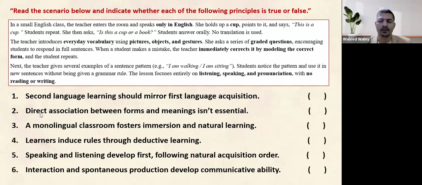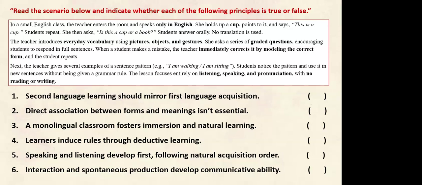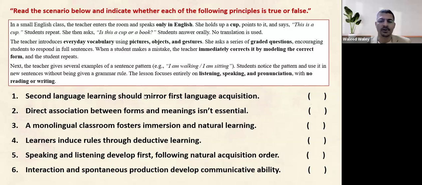That is why it is easier for them to learn those words in the target language. So they used the target language itself, and the teacher believed that to acquire the language, they have to use it. And number two, direct association between forms and meanings is not essential.